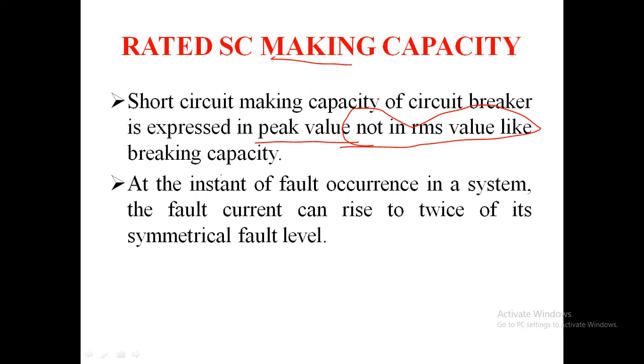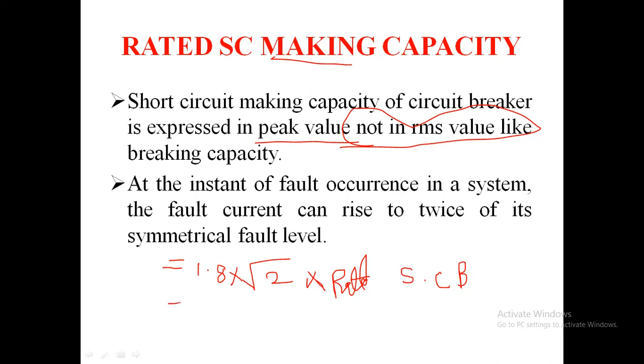So how to get the rated making current: it will be equal to 1.8 times root 2 times the rated short circuit breaking current.